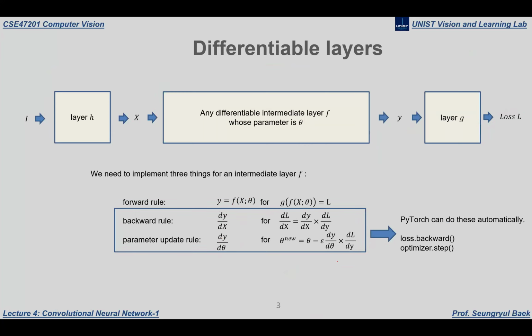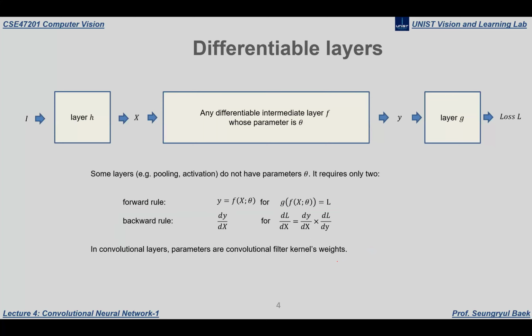And for some of the layers, for example, the pooling or activation layers we learned last time, they do not have any parameters to learn. For that kind of layer, we can only define dy/dx, the differentiation of output with respect to the input.